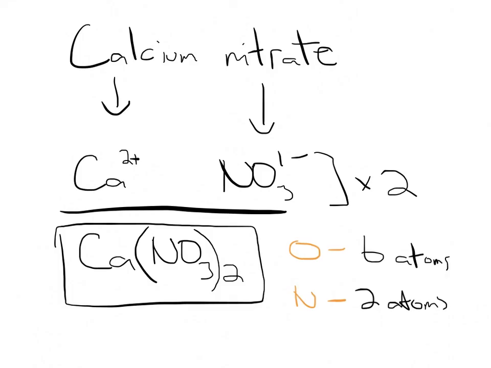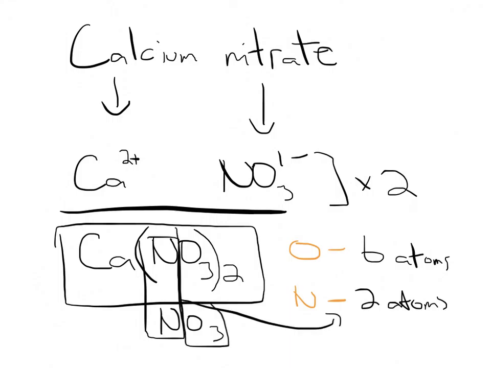And the reason is because you have 2 NO3s. So 1 NO3 is 1 N and 3 O's. If we had a second NO3, which we do, we have 2 N's now, and we have a total of 6 O's.